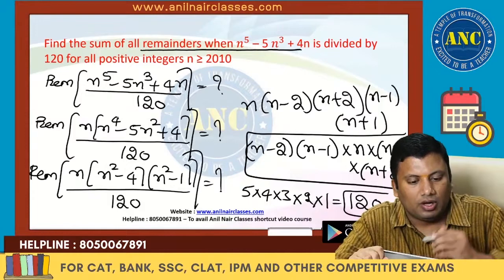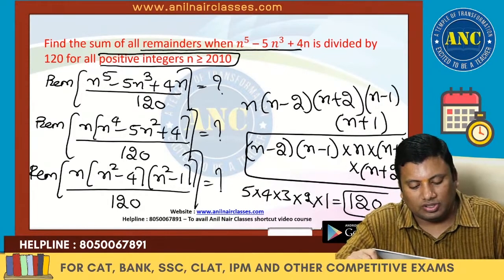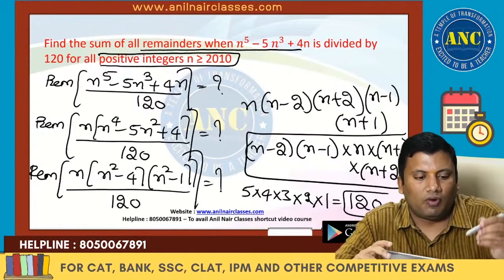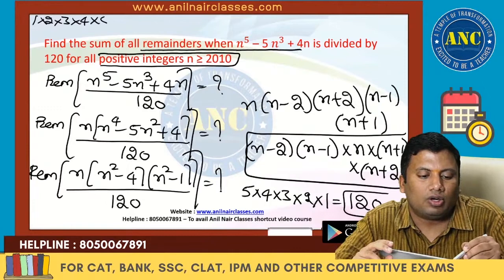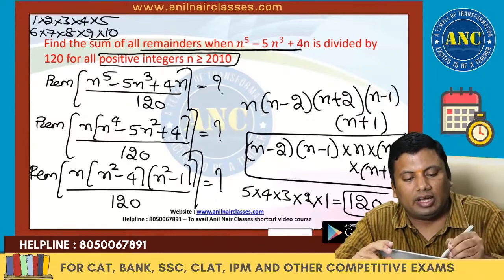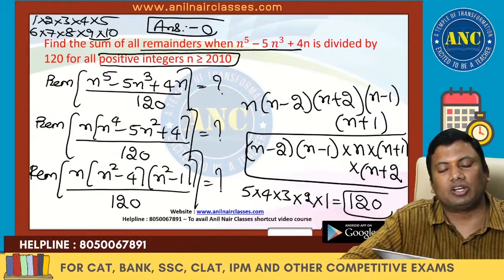Five consecutive positive integers, because n is greater than or equal to 2010. So from n equals 1 onwards, any 5 consecutive integers, 1, 2, 3, 4, 5, 6, 7, 8, 9, 10, if you observe, all products are divisible by 120. Answer for this question is 0.